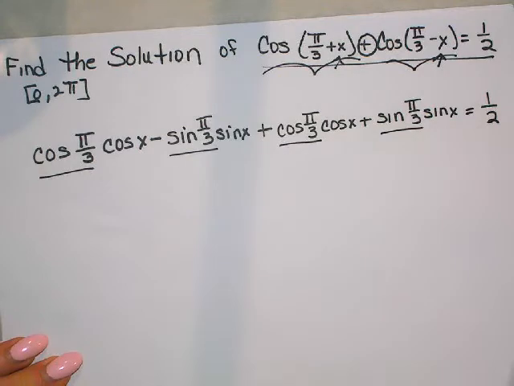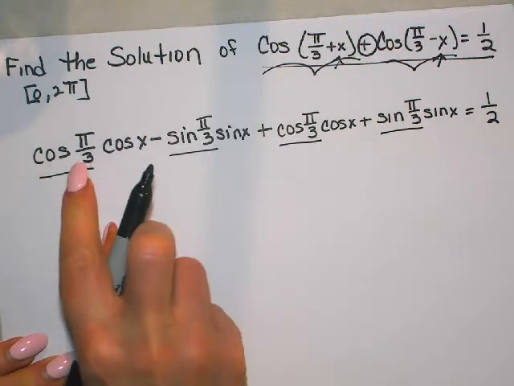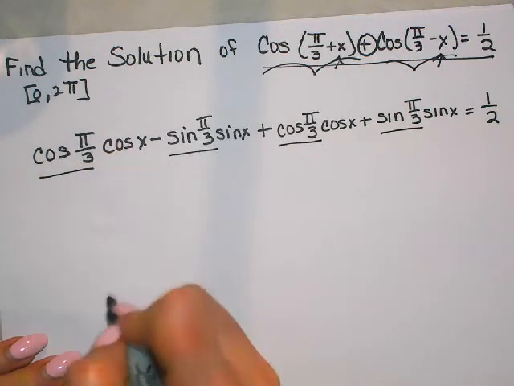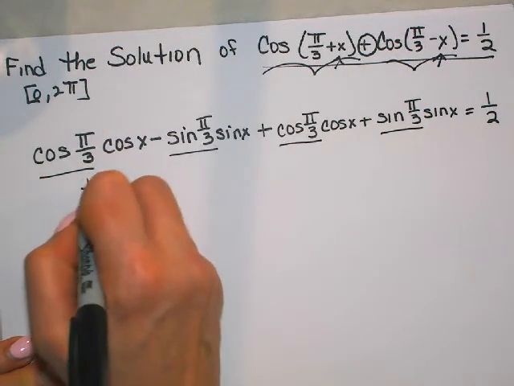Okay, now, once we expanded this and this, we can fill in the ones that we know the answers to. I know what the cosine of pi over 3 is. The cosine of pi over 3 is 1/2.